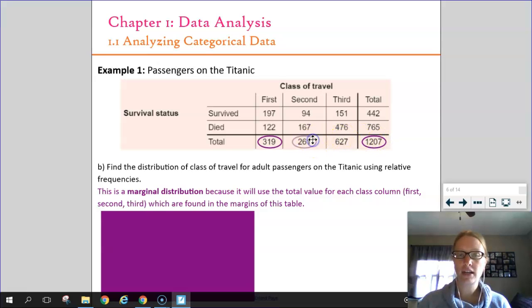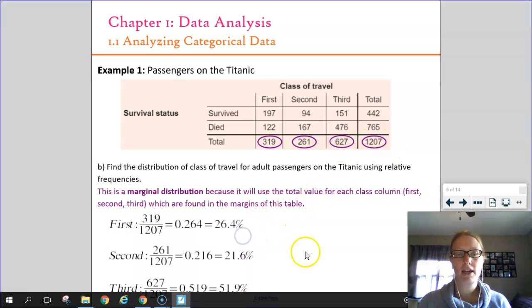Then I'll do the same for second class, 261, divided by the total, 1,207. And finally for third class, the 627, divided by the total. That gives us our marginal distribution, that the first class passengers were 0.264 or 26.4% of the passengers. Second class was 21.6%, and third class was 51.9%. Anytime you're finding an entire distribution, you should find that the percentages either add up to 100%, or in this case, add up to very close to 100% if there's some rounding involved.